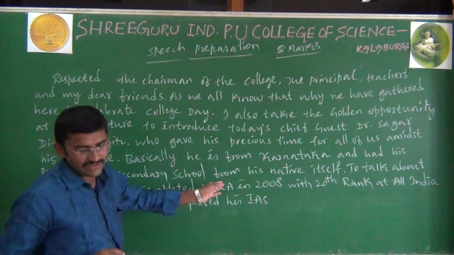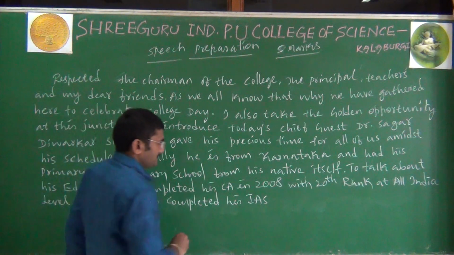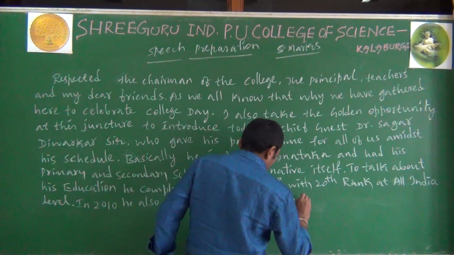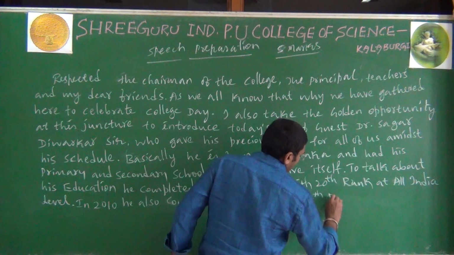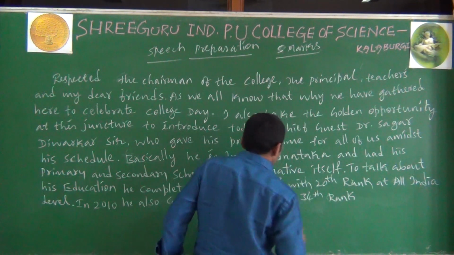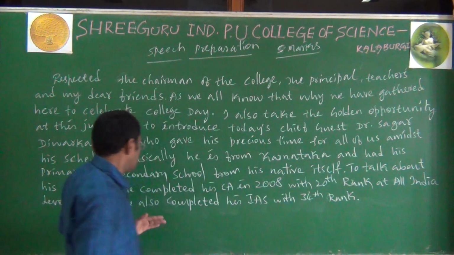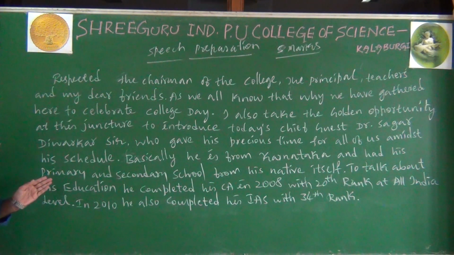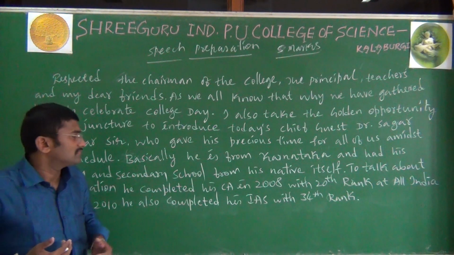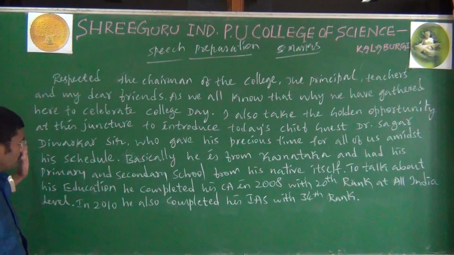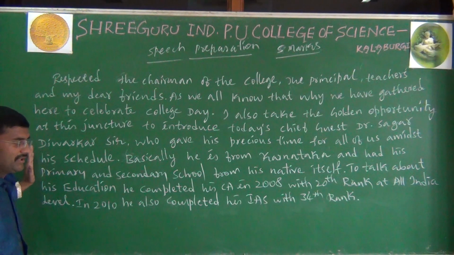CA means Chartered Accountants. IAS with the 34th rank. Right. Remember, in what way he has the qualification, and how we'll have to go through his educational qualification.